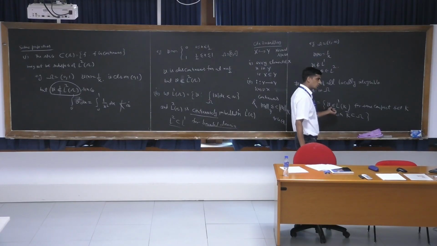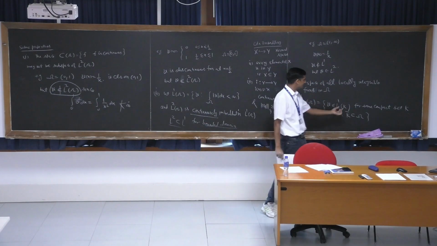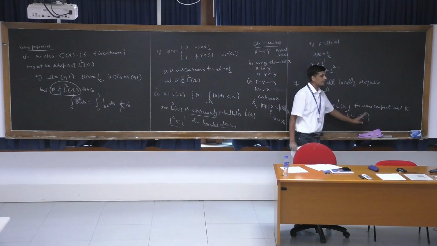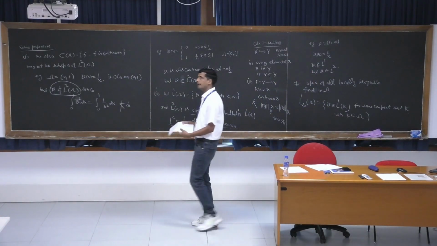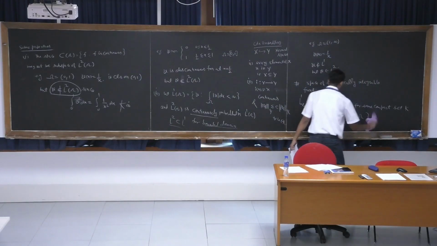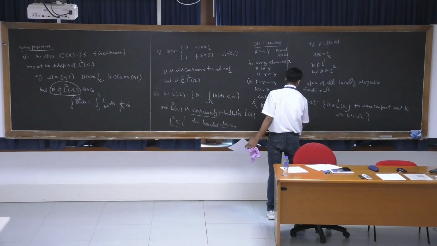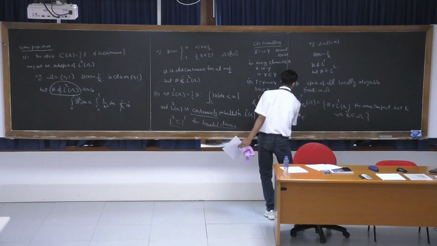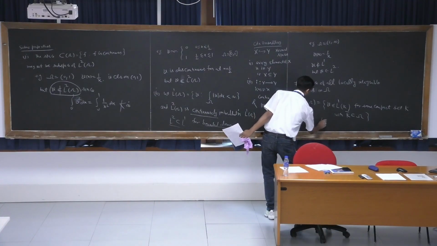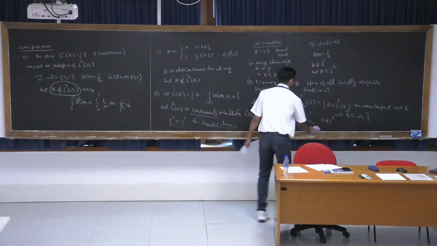It means v is integrable locally, that is, there exists some compact set K whose closure is contained in this omega. But it is not necessary that if v belongs to this L1 loc, then v belongs to L1. Not necessary. Okay.